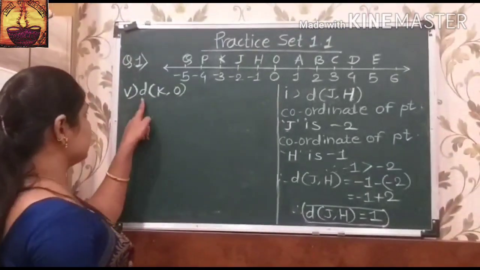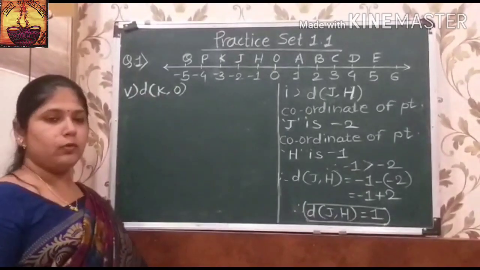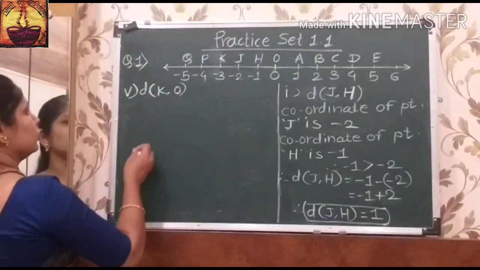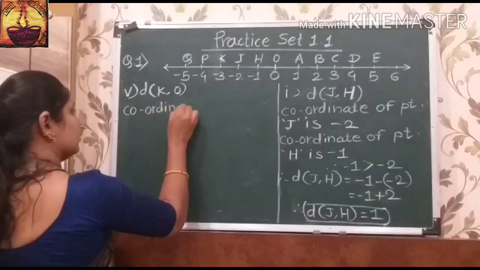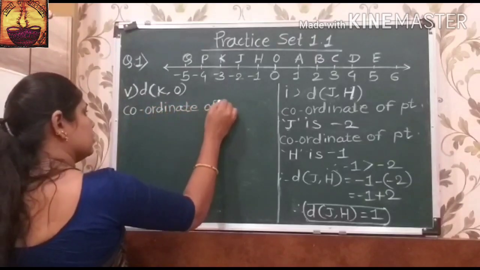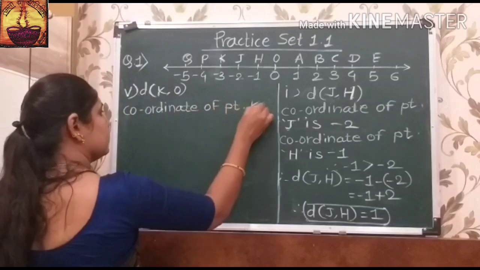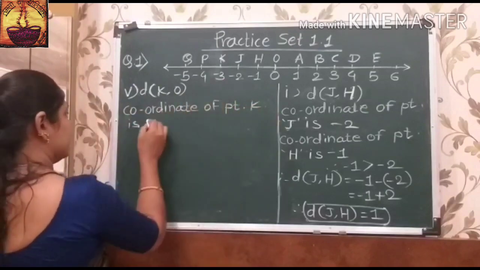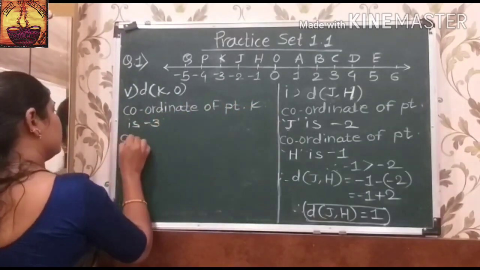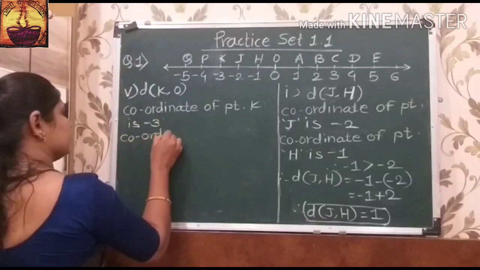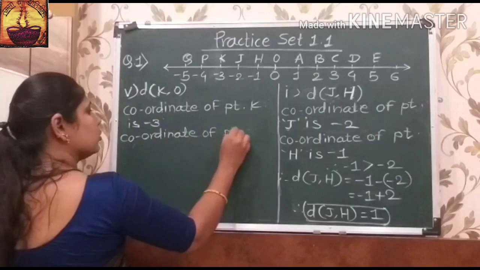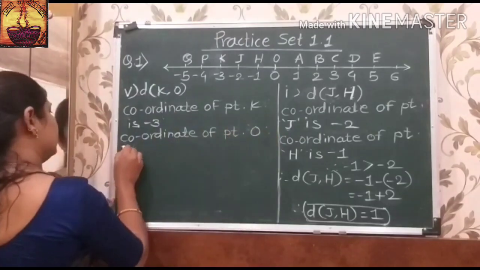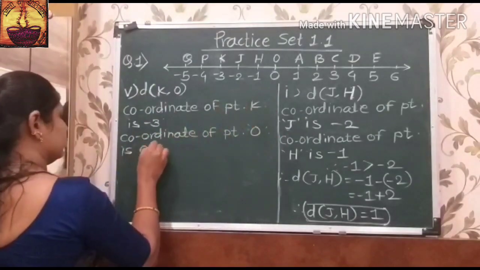Fifth example is distance KO. For finding the distance between K and O, write coordinate of point K is -3 and coordinate of point O is 0.